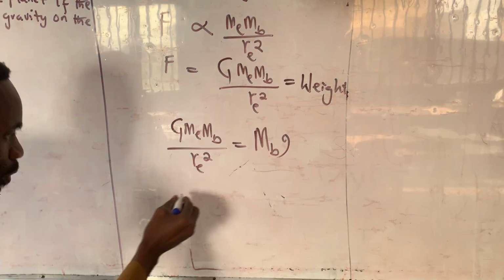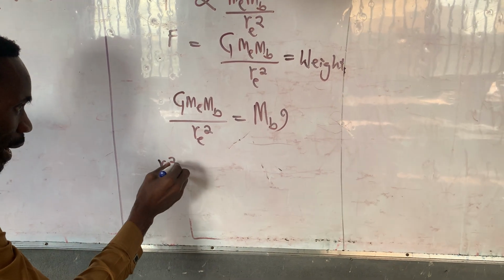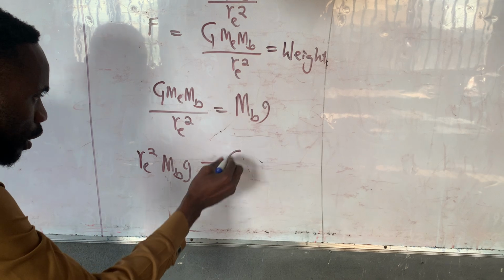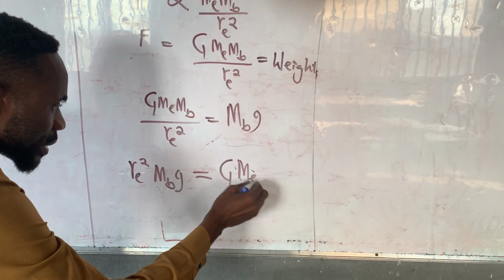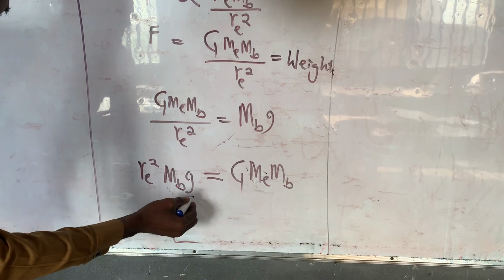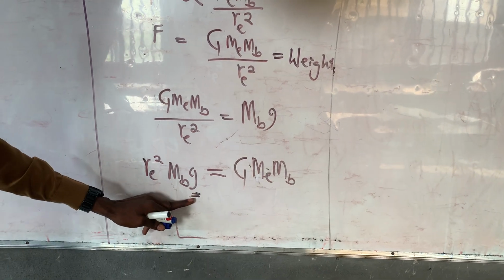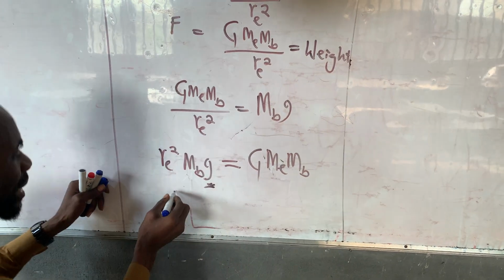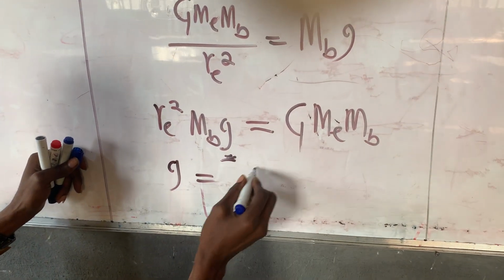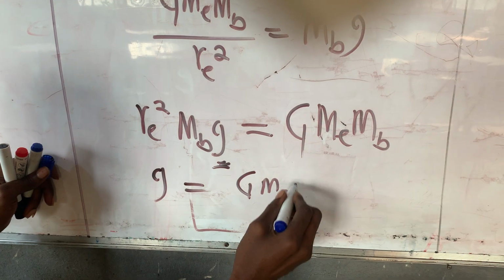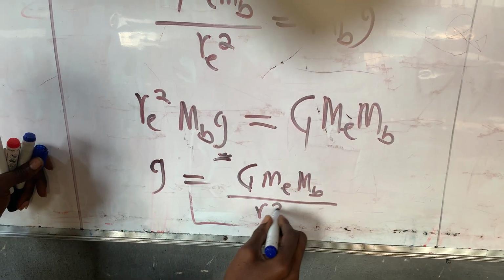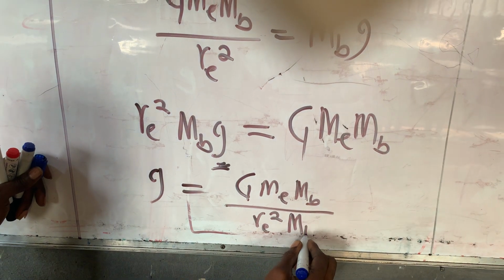From this expression, if we cross multiply, we have radius of the Earth squared times mass of the body times acceleration due to gravity equal to G times mass of the Earth times mass of the body. Now, this is a point of emphasis: if I make acceleration due to gravity the subject of the formula, we have G times mass of the Earth times mass of the body, all over radius of the Earth squared times mass of the body.